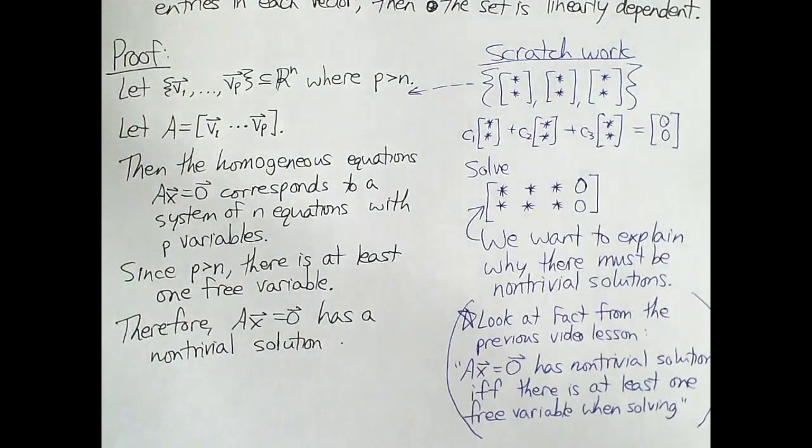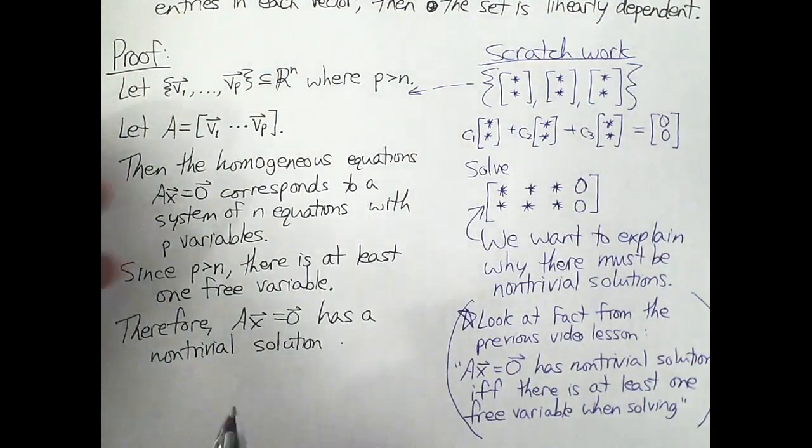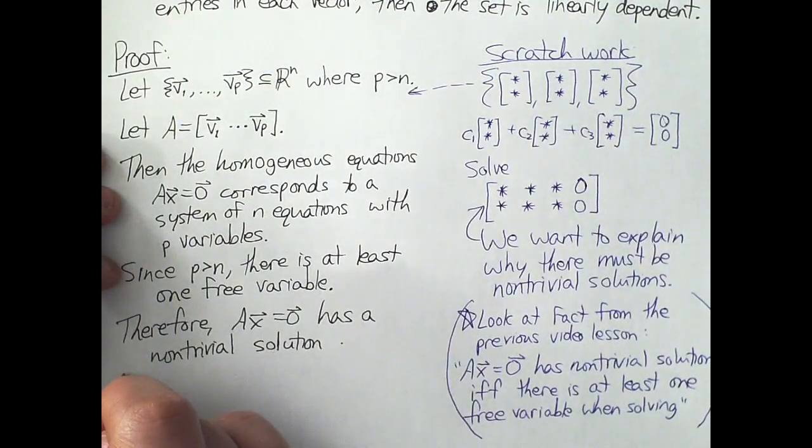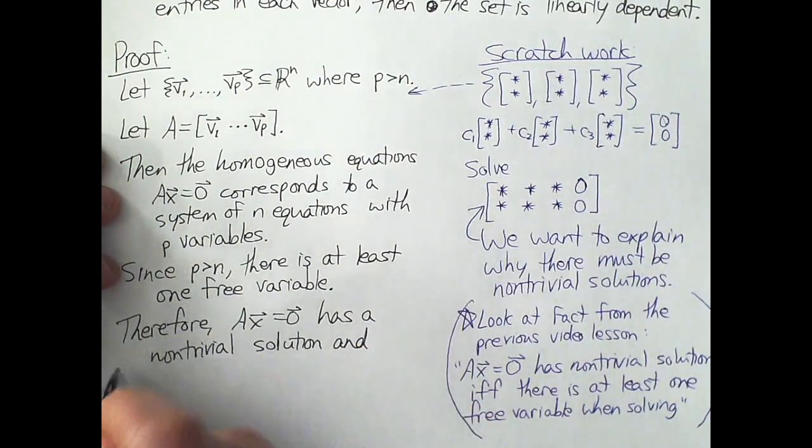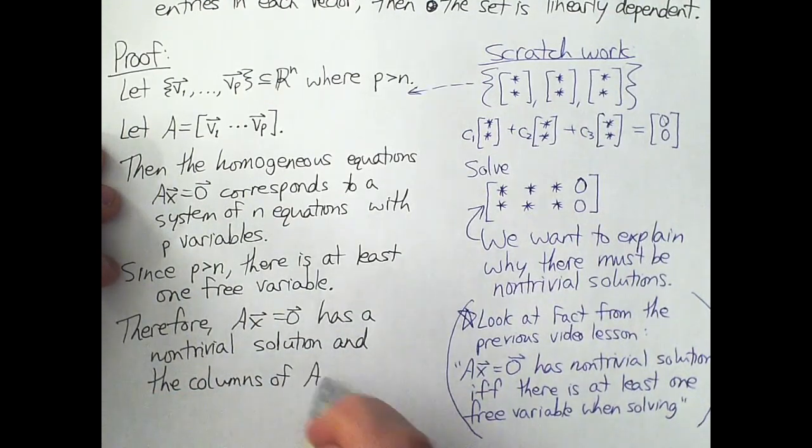Good. Therefore, non-trivial solution and the columns of A are linearly dependent. End of proof.